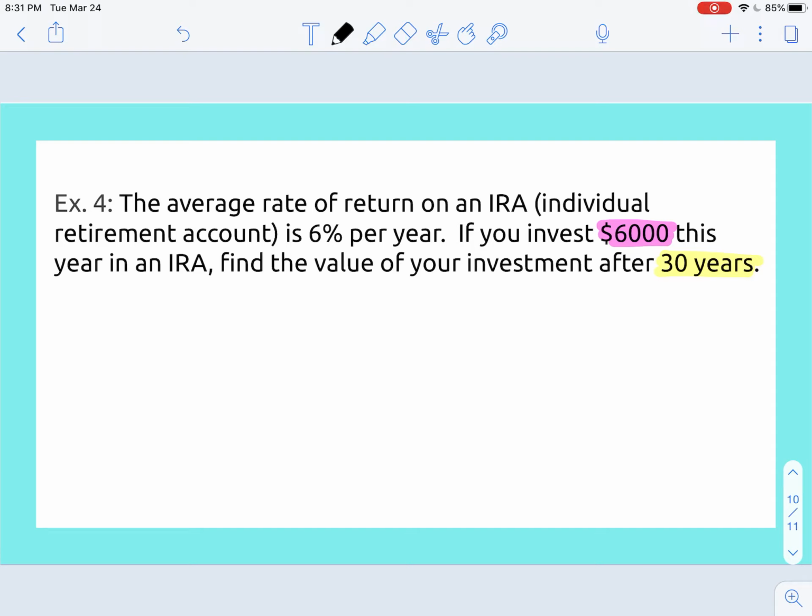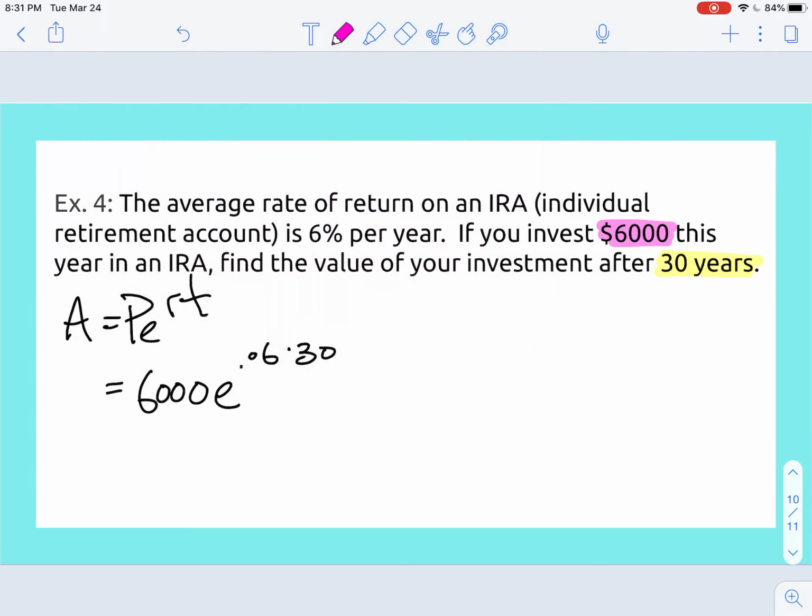So, we're going to use our equation, A equals P E to the R T. We want 6,000 to be our principal because that's our initial investment. Our R is not going to be 6, but it's going to be 0.06. And then our time is going to be 30.